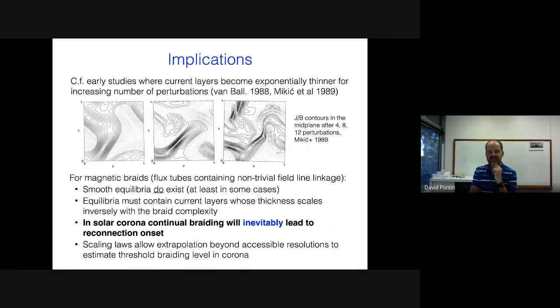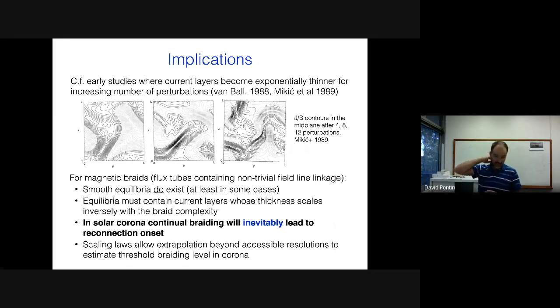Back in those days, they didn't have all of the mathematical development of things like the squashing factor, but they saw exactly the same thing, that as they made sequences of perturbations, relaxed the field in between each perturbation, they saw an increasing current density on increasingly small scales.